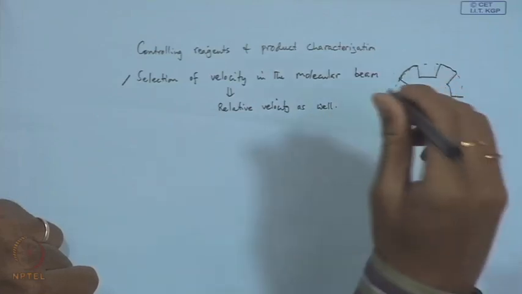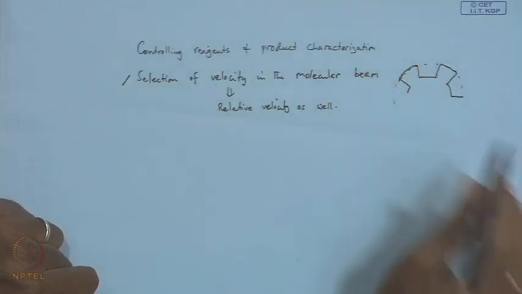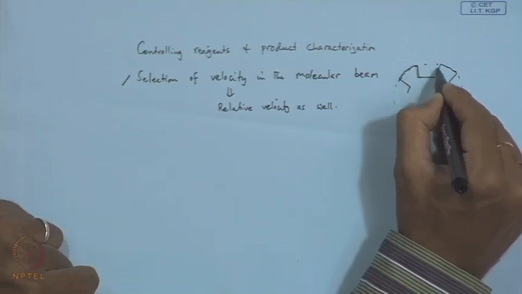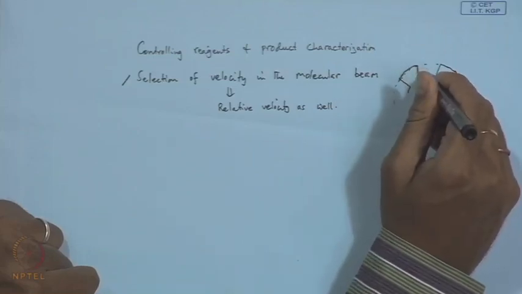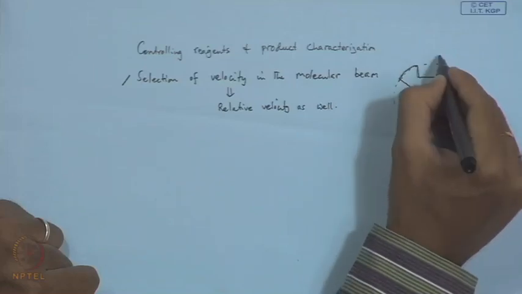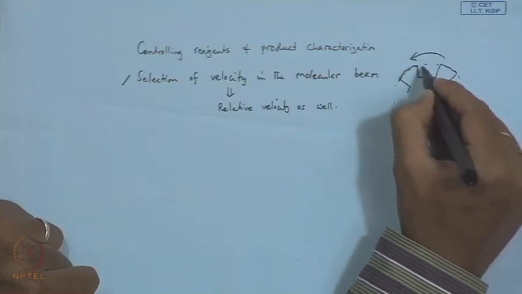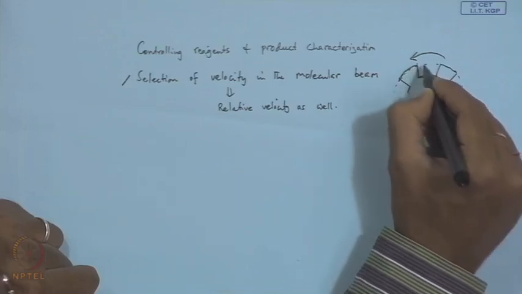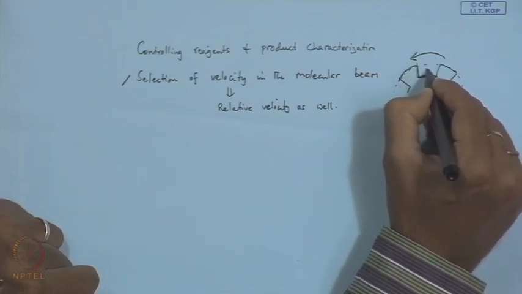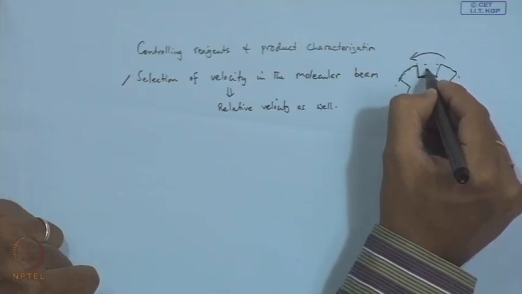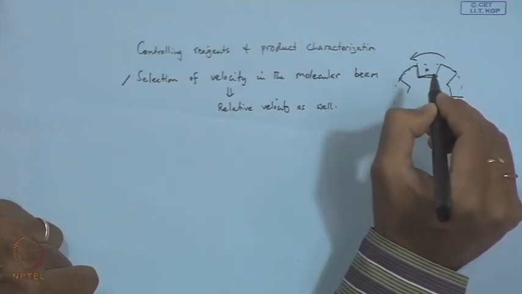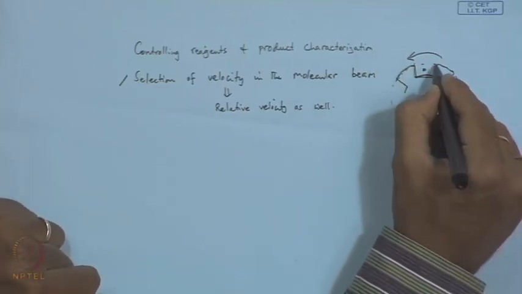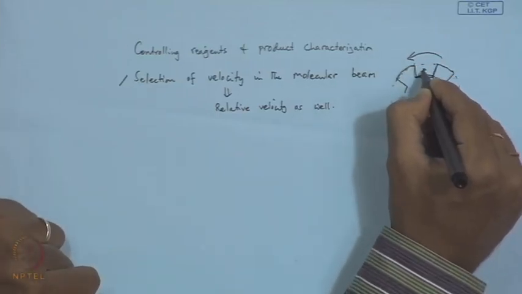When the molecular beam is perpendicularly falling on this portion, there is no block, it is open, so molecules can pass through. Next, when this is rotating this way, the next instant, suppose it has some speed, and your molecular beam is somewhere over here. This will continue to allow the molecular beam to go to the other side of this page as long as this block is coming over here.